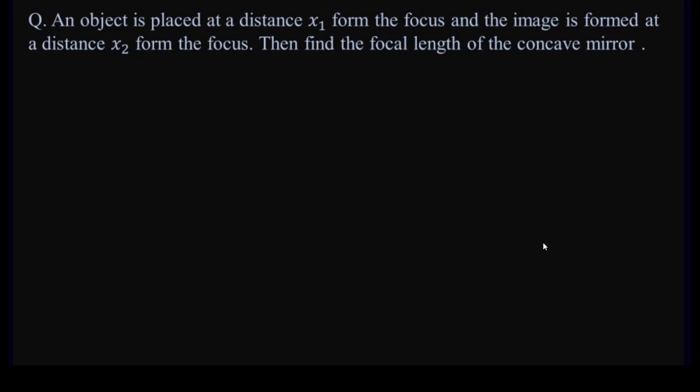Generally, they give the distances from the pole onwards, but the distances here are given from the focus. Then what can we do here?